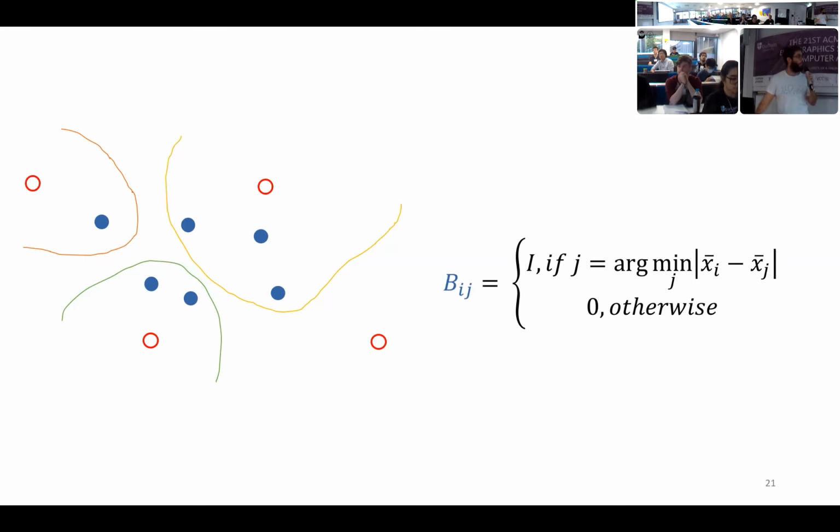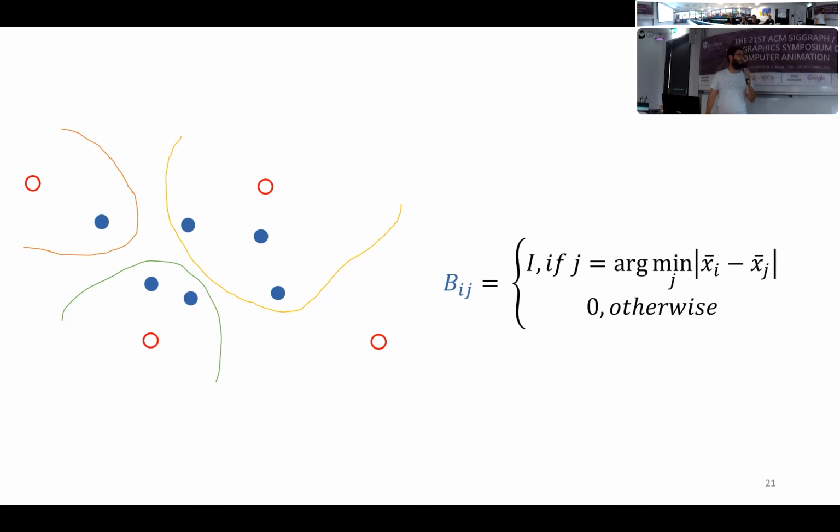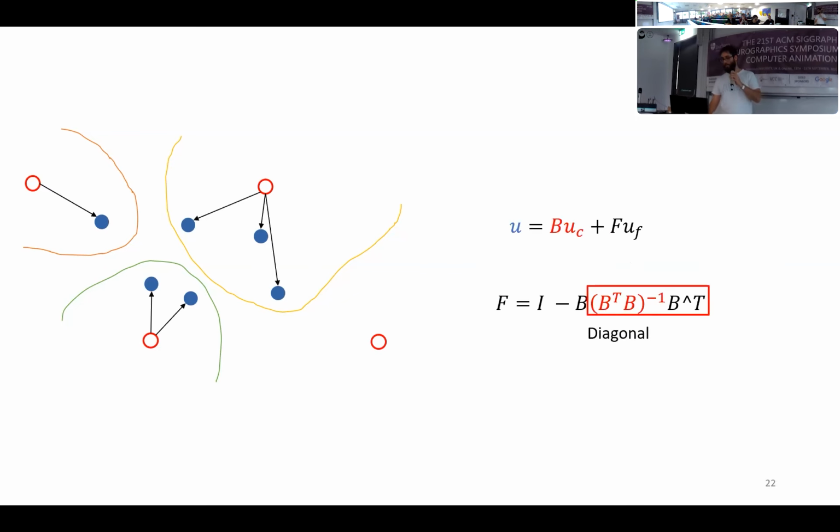That way the matrix V is a sparse matrix where each row just has a 1 and the rest are zeros. With this definition, the good thing is that the complex part of the filter, the part that we must invert, is just a diagonal matrix. So it's very easy to multiply a vector by this filter because you don't have to do anything with that inverse.